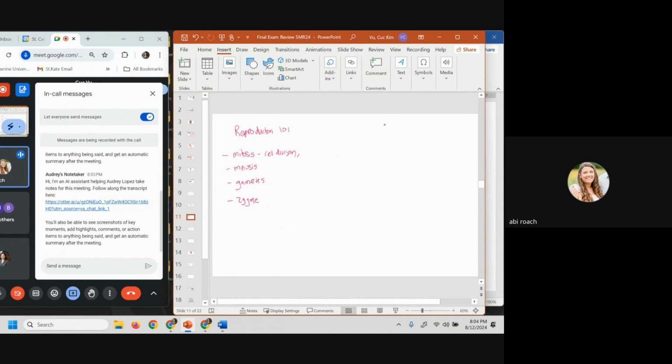Somatic cells. What do somatic cells mean? You don't have to have the exact definition, just describe what a somatic cell is. How can you tell it's a somatic cell?